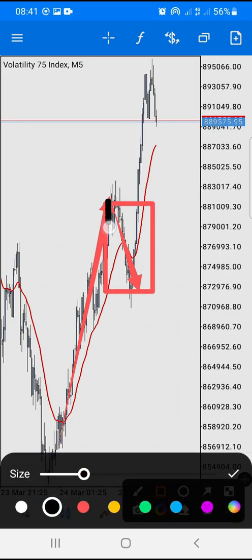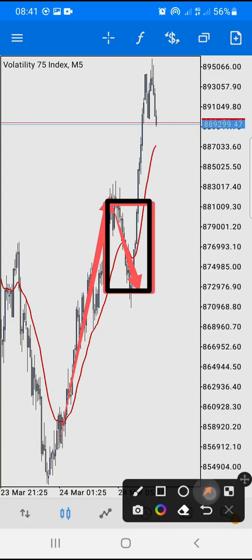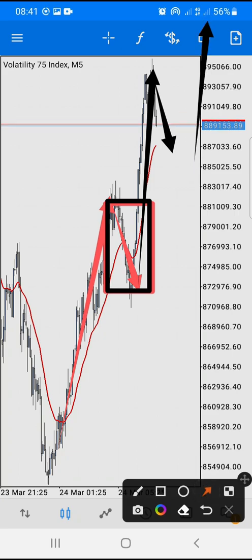When it's done correcting, it makes another impulse move. After that, it should make a correction phase and then another. Do you get it?